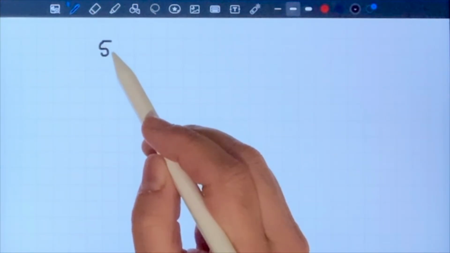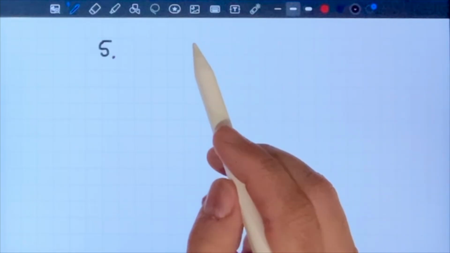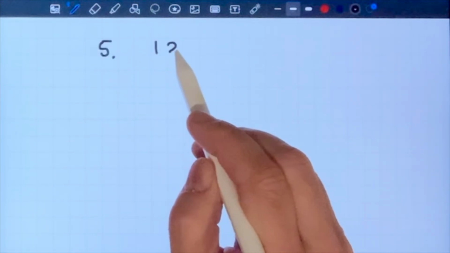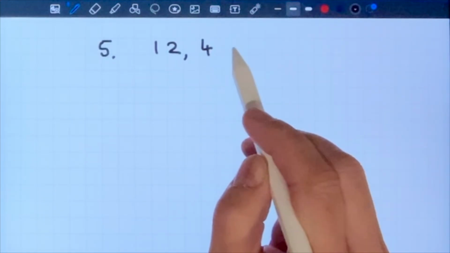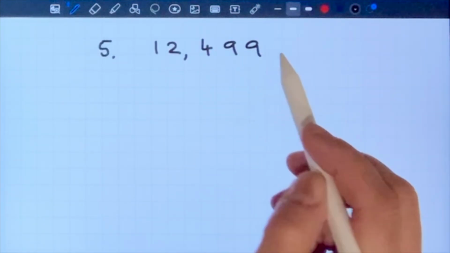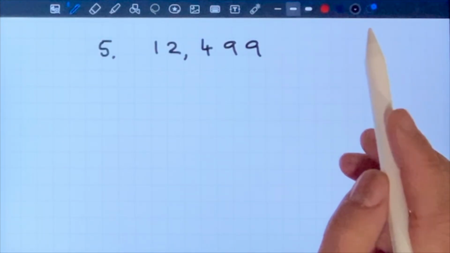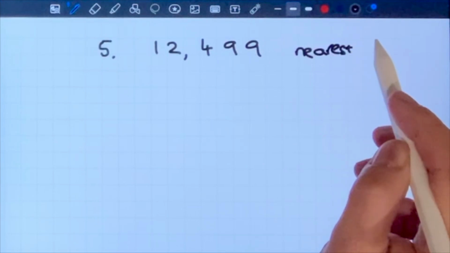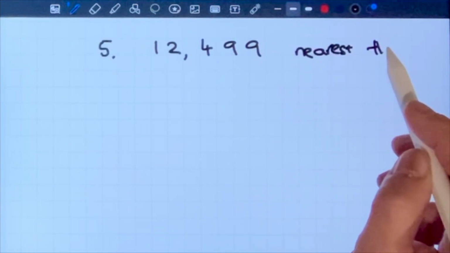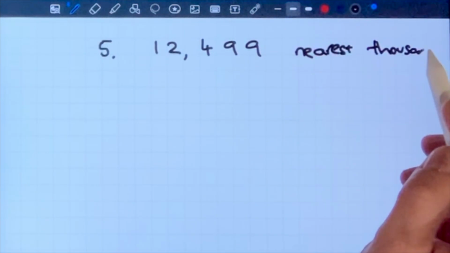And example number 5, I've got the number 12,499 and I want to round it to the nearest thousand.